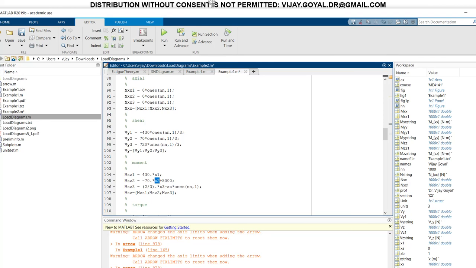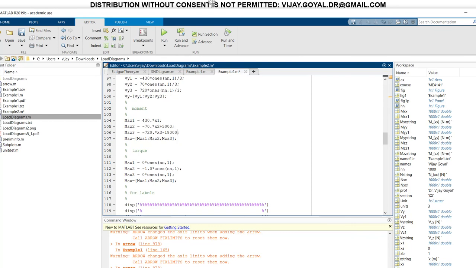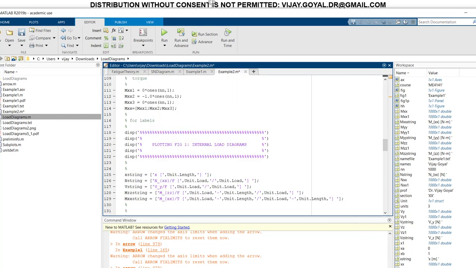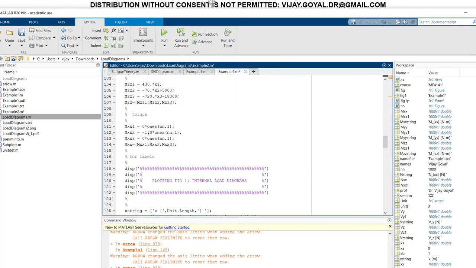Don't use X1, you're going to get an error. And then your last segment is minus 720 times X plus 18,000. Okay, those are the equations that we got. And my torque, the first was 0, and this was 266.